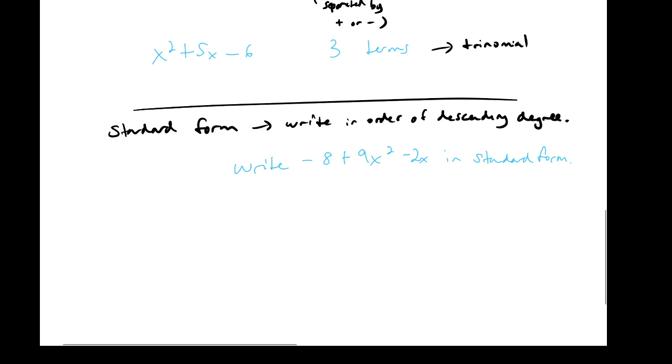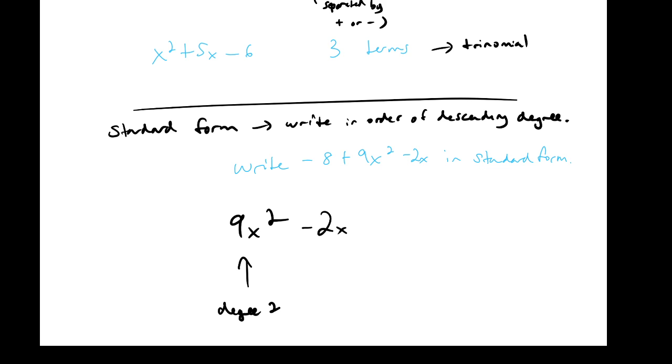Okay, and how are we going to do that? Well, what's the highest degree? And it's this guy, right? 9x squared. So that's the first guy. So we have 3 terms, right? It's a trinomial. First term, we're going to write 9x squared. Next, descending degree. So this guy is degree 2. Next one, of the last 2 that are there, I have negative 8 and I have a negative 2x. Well, this is what goes next, right?